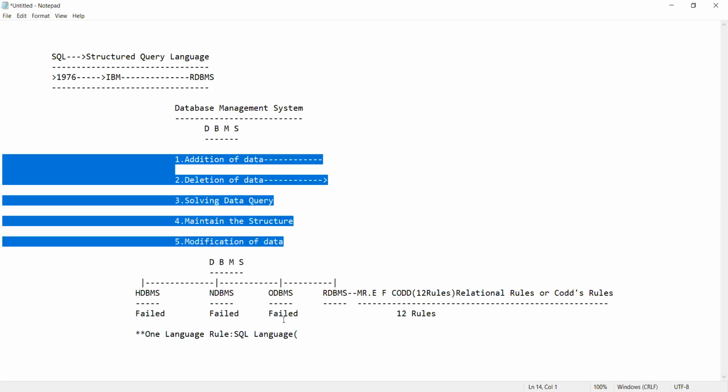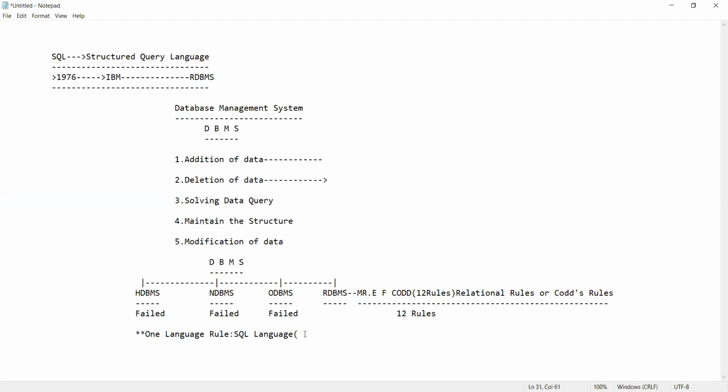So SQL is a part of all the products of RDBMS, because of the one language rule developed by Mr. E.F. Codd, the author of the Relational Database Management System.